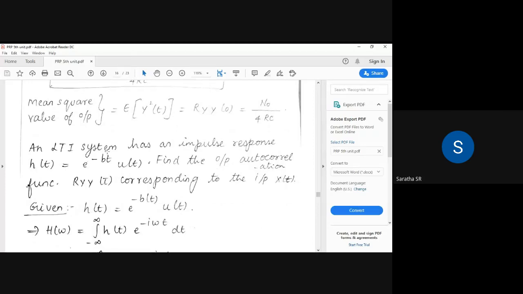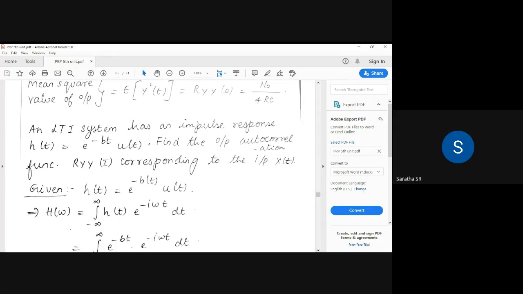An LTI system has an impulse response h of t equal to e power minus dt u of t. Find the output autocorrelation function Ryy of tau corresponding to the input function x of t.